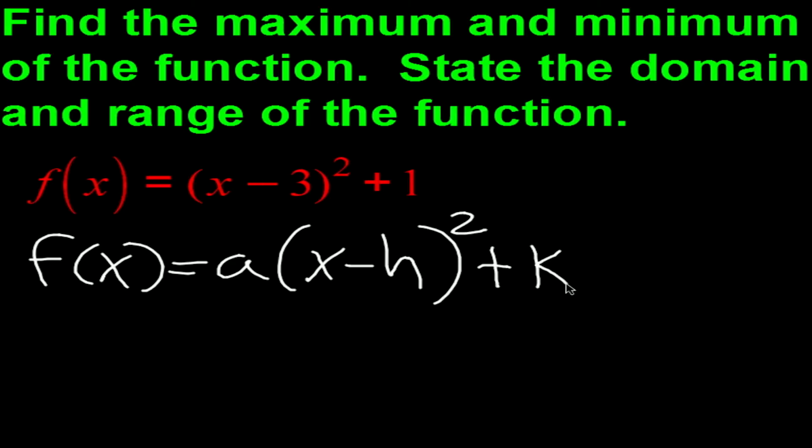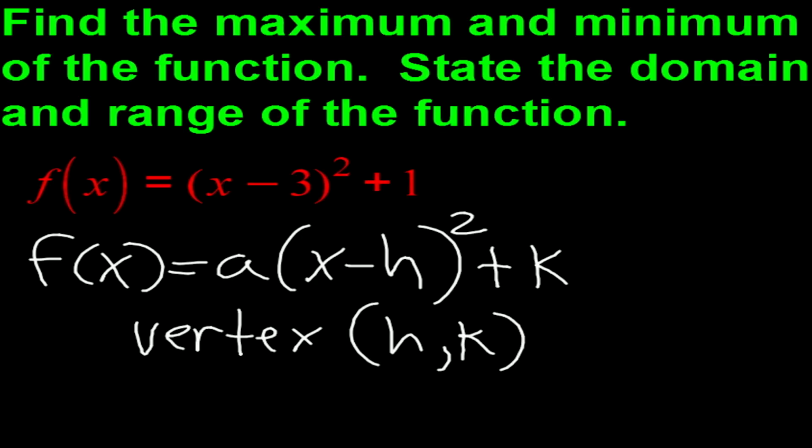And the reason why I tell you that is we want to recall that if we want to find the maximum and minimum, we're talking about the vertex of the function. And in this case, the vertex is really easy because we know the vertex is at (h, k). Since it's already in that form, we can see that our h is this and our k is 1.